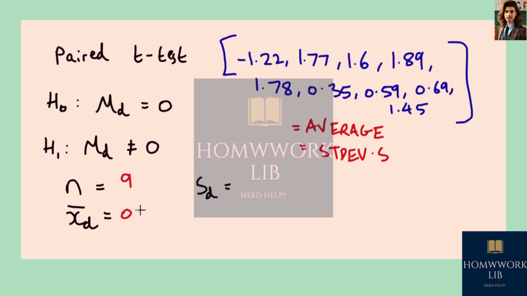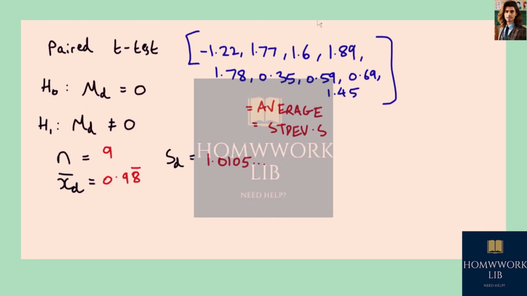The mean is 0.98, where the 8 is recurring. The standard deviation is 1.0105, and so on. I've got the exact value. Finding the descriptive statistics, like mean and standard deviation, is very much busy work at this point. You should know how to do that, but it's fine to get a calculator to do it for you.